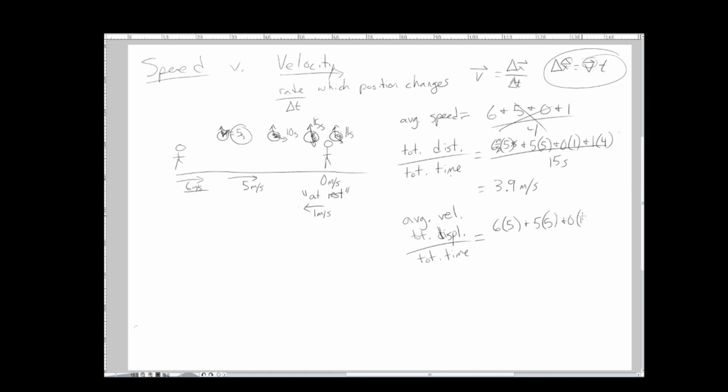Since we are concerned with direction, we need to show that that last part of the run is in a different direction. So I'm going to say that left is negative, so that last segment is negative 1 meter per second for 4 seconds. Still the same time. So we will get an average velocity of a positive 3.4 meters per second.